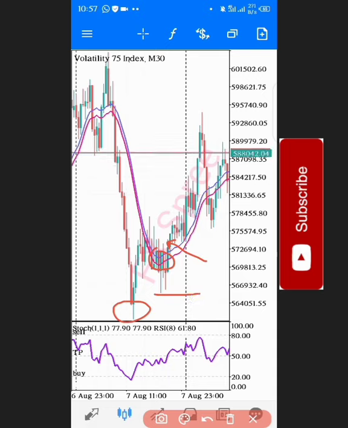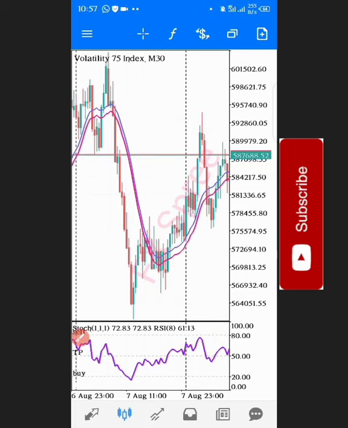So if you buy at this particular level here, as where it confirms, then when it gets to 50, you take your profit for small accounts. But if you have big accounts, allow it to go until level 80. That is how you trade this. I hope this is clear.